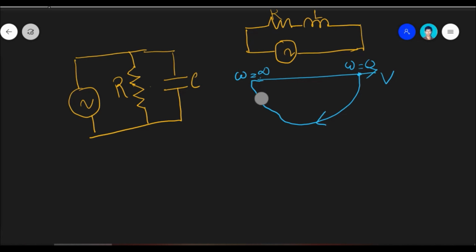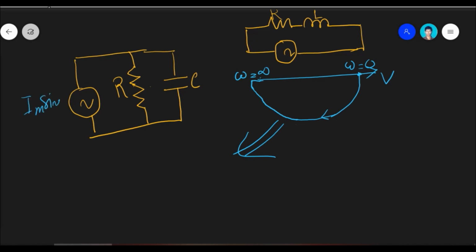Right, this was the direction. Now, if this is the case, then similar kind of things we should get. Right now, I am not doing any analysis, I will do the analysis later. But applying the concept of duality, let me draw the same for this.